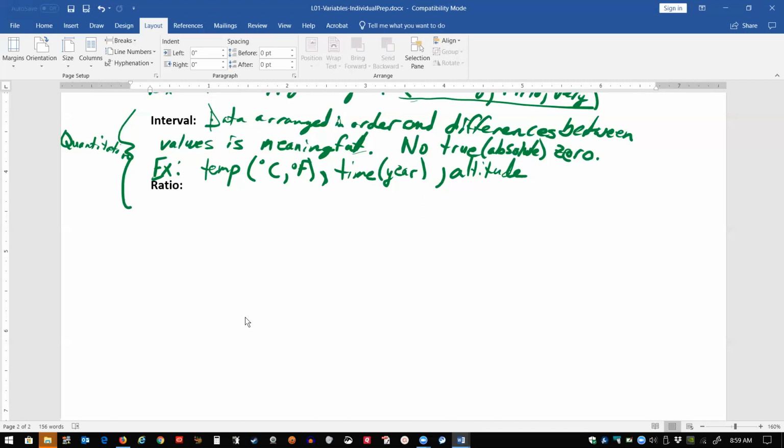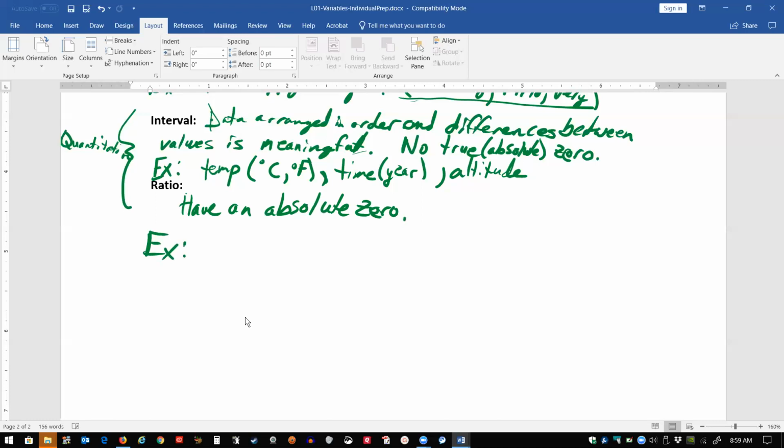Okay. What about ratio? If you know the interval variables have no absolute 0, stands to reason that ratio variables have an absolute 0. So quantitative data that has an absolute 0, what are some examples?